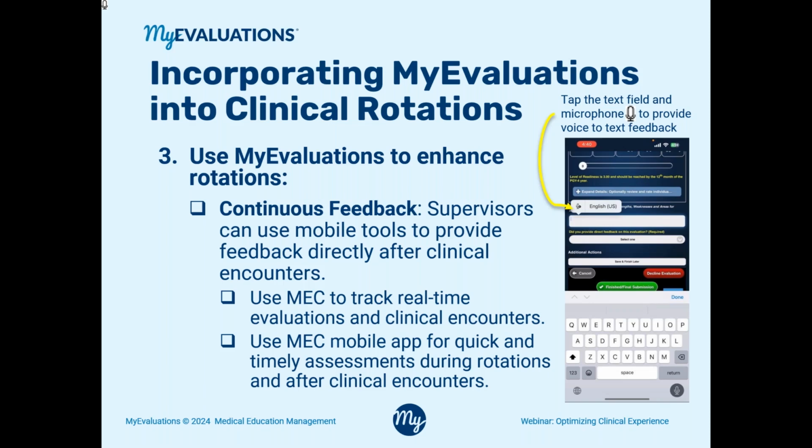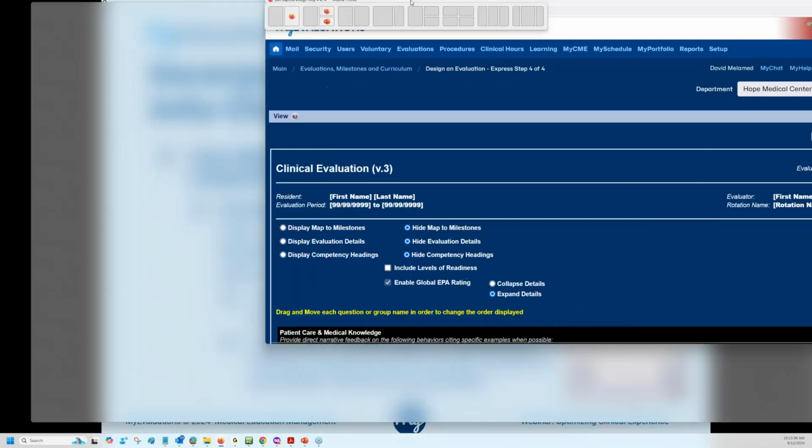We all know how faculty don't complete evaluations in a timely manner, but instead we want to design evaluations that are very simple, like the one I had shown you a few minutes ago, that have just some very basic, simple questions on it that are purely narrative based.